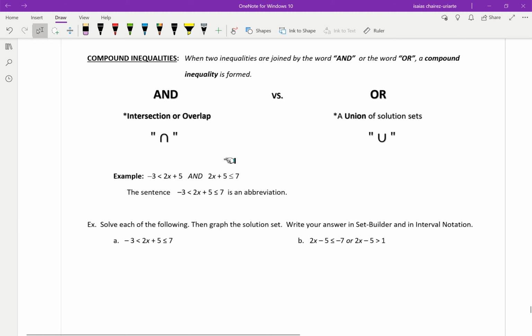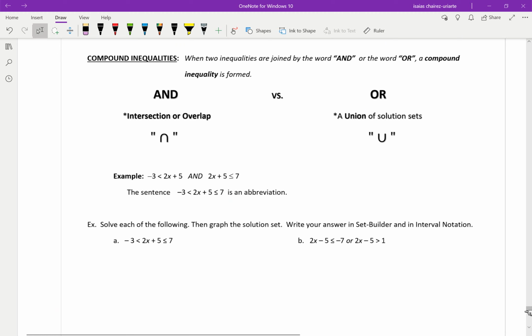So this is a compound inequality, and sometimes it can be put together into a single compound inequality. Notice here that the 2x plus 5 we can sort of sandwich together. So I have 2x plus 5 is less than or equal to 7 and bigger than negative 3. These two inequalities represent the same thing.